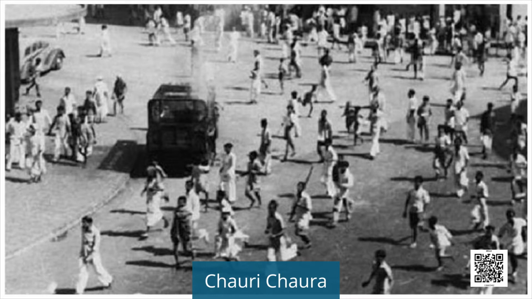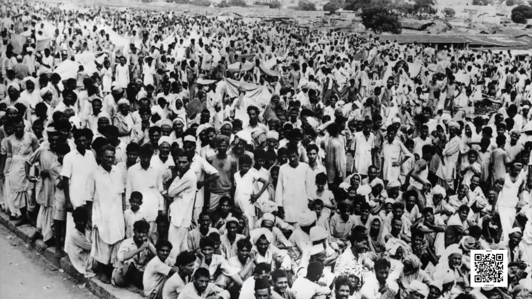As a result, Mahatma Gandhi, who was strictly against violence, halted the non-cooperation movement in February 1922. He realized that the satyagrahis needed to be properly trained for the peaceful mass struggle.